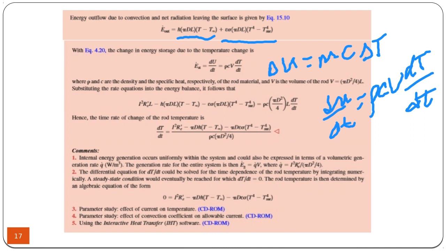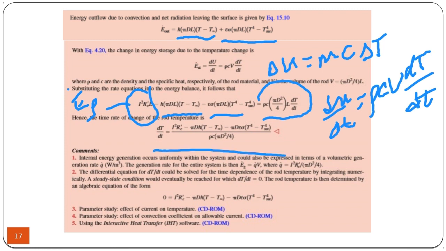There is no E in, there is only E generated, minus loss by convection, minus loss by radiation, and everything must be equal to the change in the system's energy. So you have a differential equation that says the temperature change within this resistor is calculated from this equation. You cannot solve it by hand because it's a differential equation.